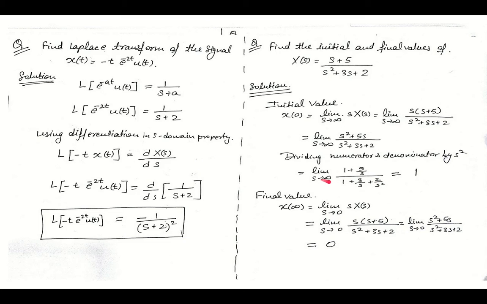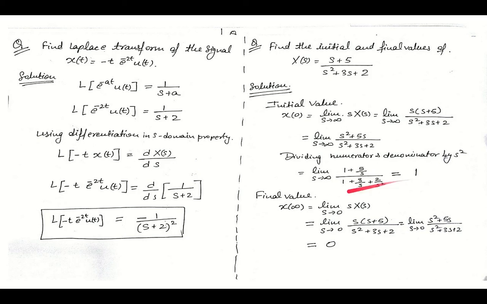Now if we put infinity in place of s, this factor becomes 0, this factor again becomes 0, this factor again becomes 0. So our initial value comes out to be 1.